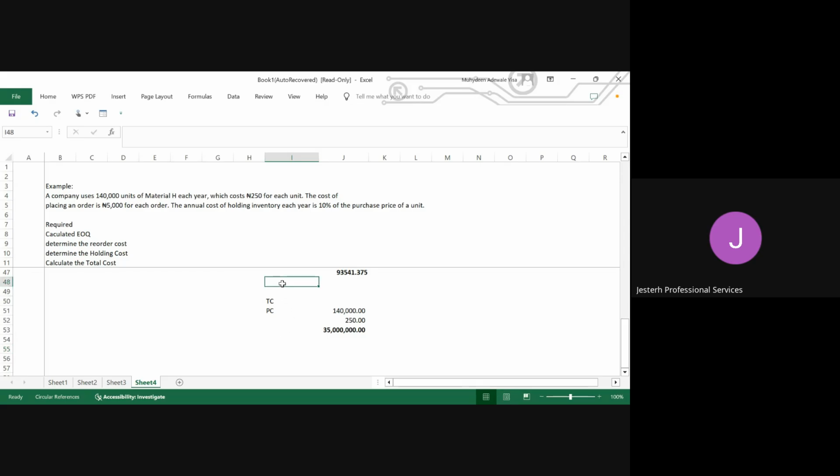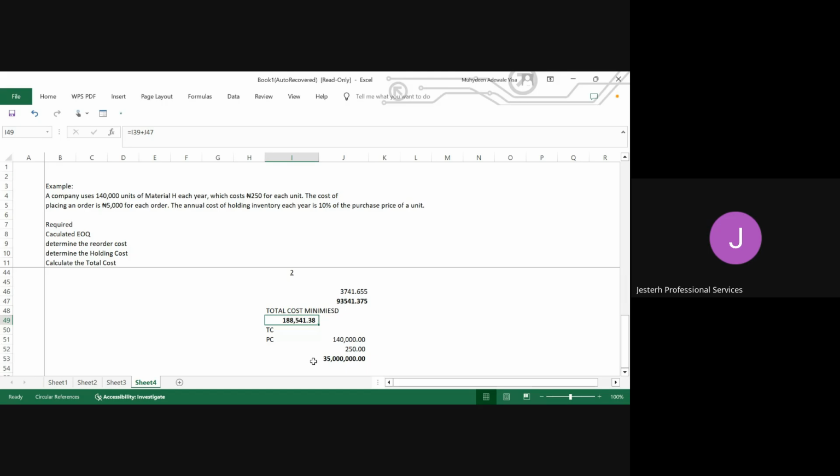In order for me not to forget, let's add these two up. Total costs minimized: you just add the reorder costs plus the holding costs on HK.